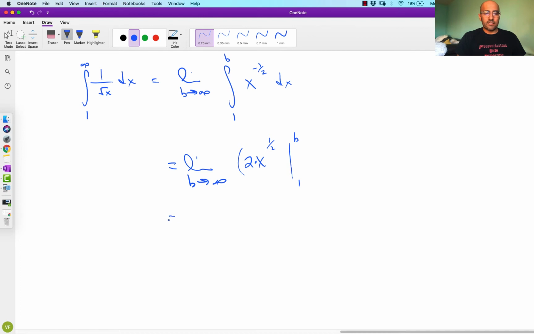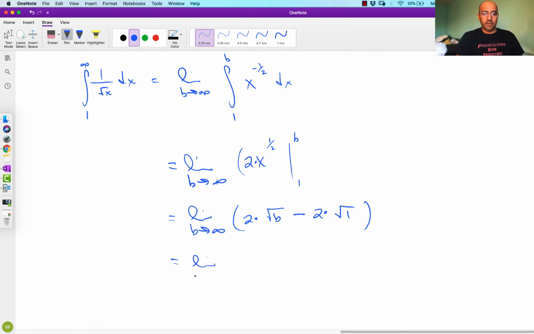Okay, so then this is equal to the limit as b goes to infinity of 2 times b to the 1/2 power. You know what, let's just rewrite that as square root of b. Square root of b looks a little neater. Minus 2 times square root of 1. All right, well this is just going to be minus 2.